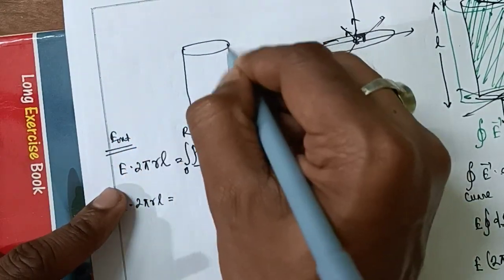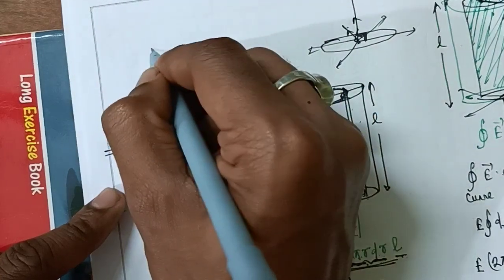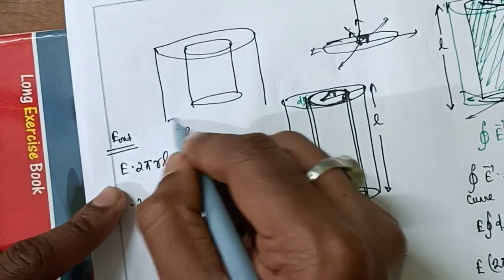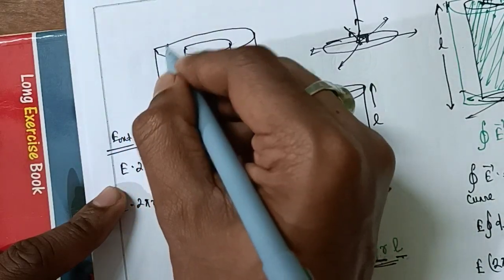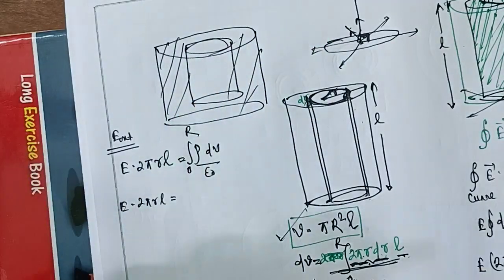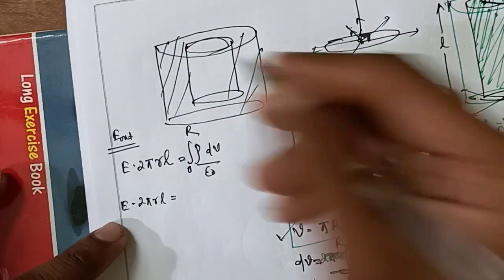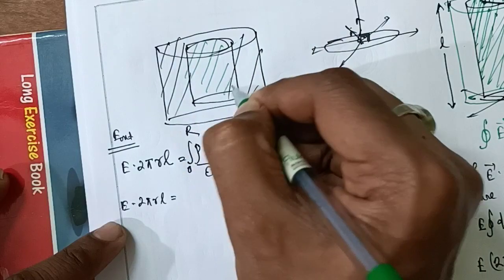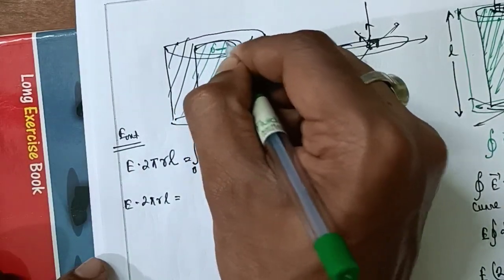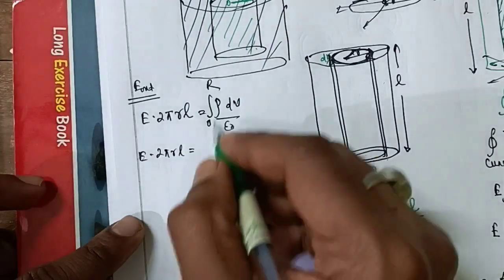This is my original cylinder, and I have taken the Gaussian cylinder outside, and I want to know how much charge is enclosed within this Gaussian cylinder. This amount of charge is enclosed within this Gaussian cylinder. So my original cylinder is 0 to capital R. I hope this one is clear.